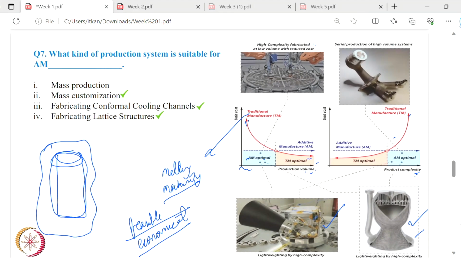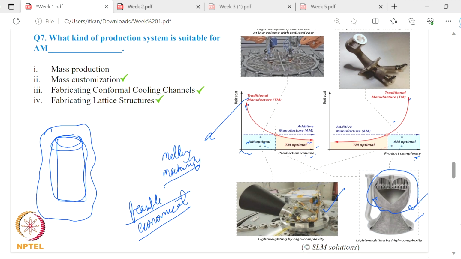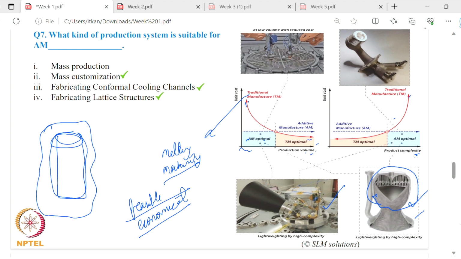Suppose we take the example of a conformal cooling channel. This is traditional manufacturing. Earlier it was not possible. Suppose we are considering this one here. Now here we have the cooling channel.